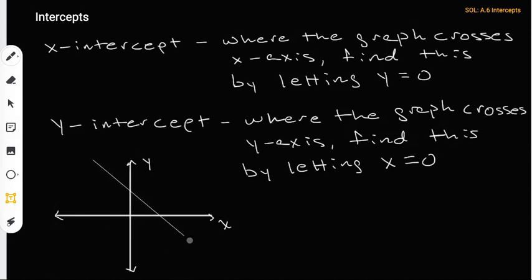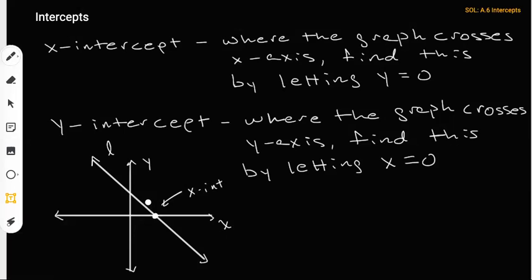So let's take a look at this line right here. I don't know what the equation of this line is, but I can tell that it's going to cross the x-axis right here. So I'm going to put a point down. This is called the x-intercept. It's where the graph crosses the x-axis.